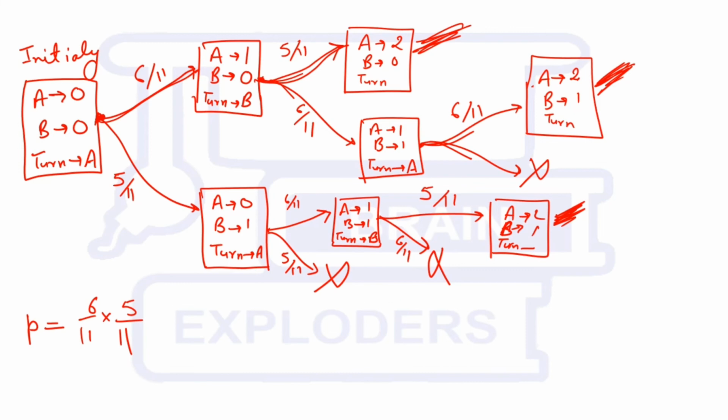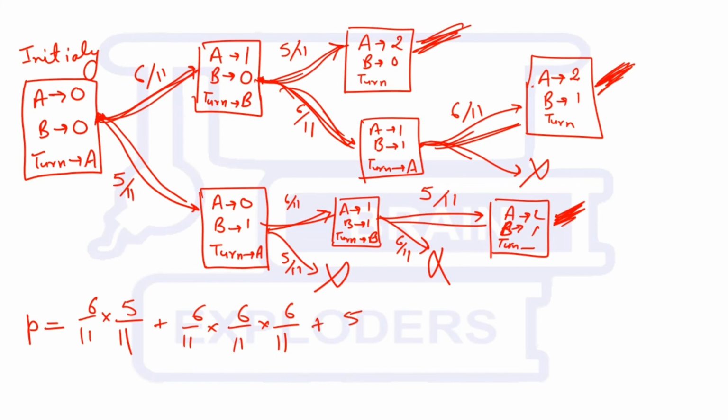This is the probability that A will get two 6s continuously. Now the second state is over here. So this path, and then this one, and then this one, meaning 6 by 11 multiplied by 6 by 11 multiplied by 6 by 11, and then this third state is from here to here, then here, meaning 5 by 11 times 6 by 11 times 5 by 11.